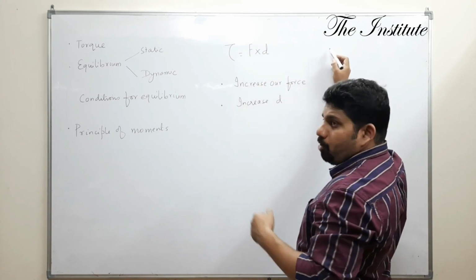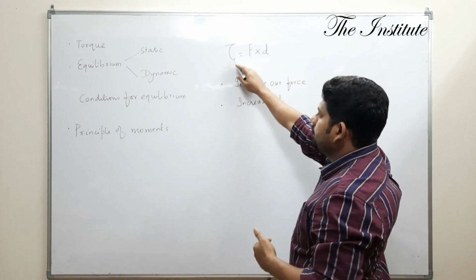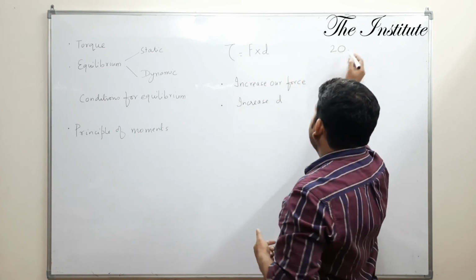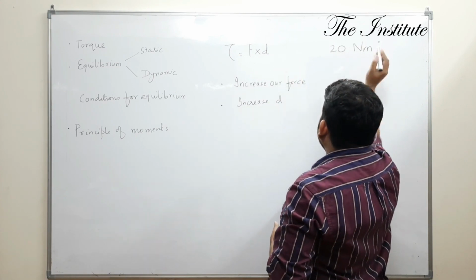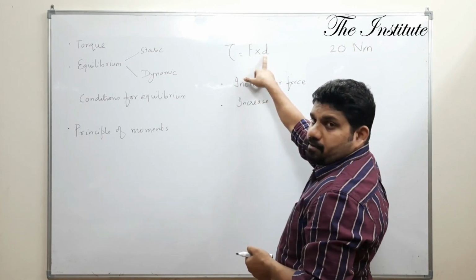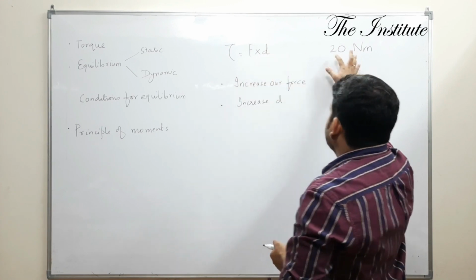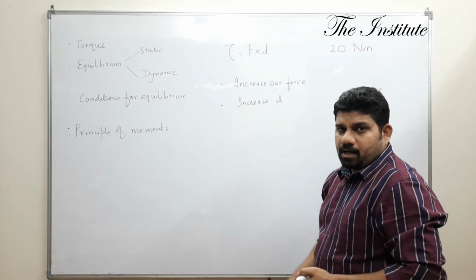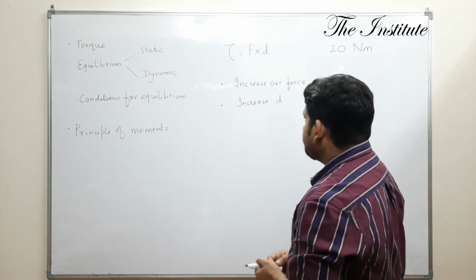Suppose for opening of our door, the torque required is 20 Newton meter. Unit you can check from here, force in Newton, distance in meter. So this door requires 20 Newton meter torque to get opened.